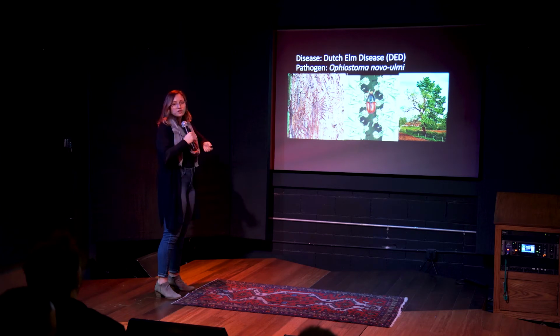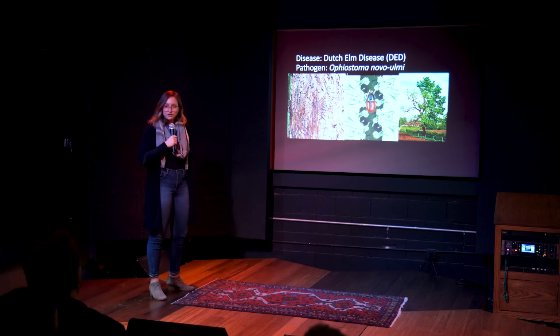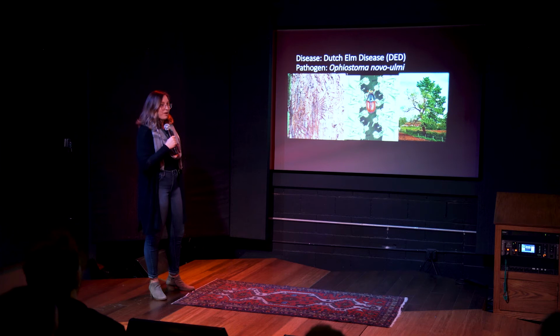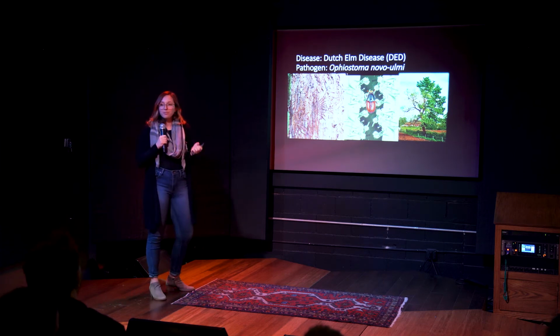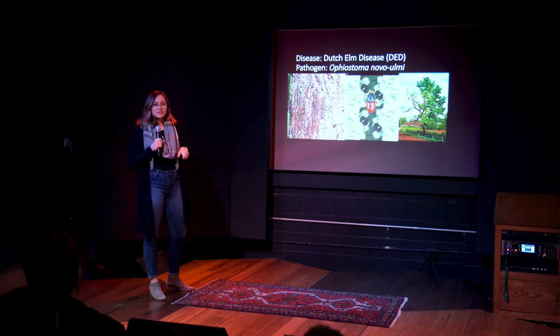And as the beetle crawls through the little galleries, it'll get stuck with all of these sticky fungal spores on the back of the beetle. And then when the beetle flies and goes and starts eating through other trees, it will infect those trees. And that's how this is spread through the elm bark beetle. There we go. Not Dutch. He's not Dutch.